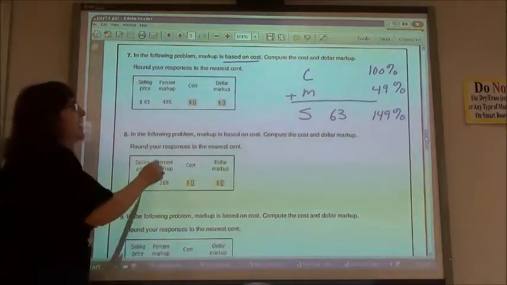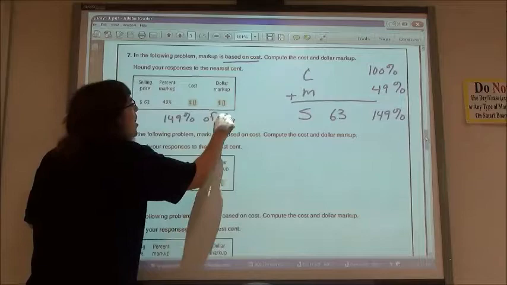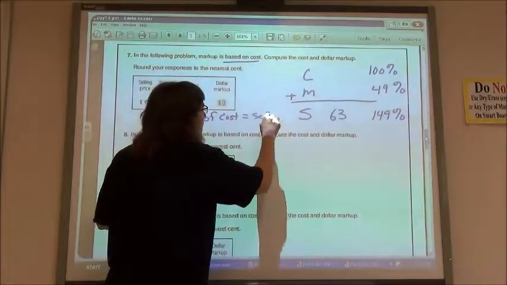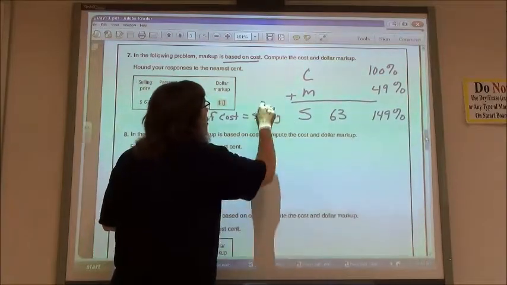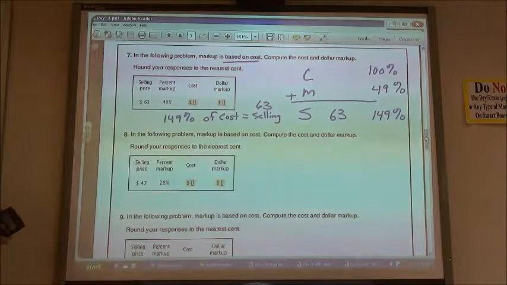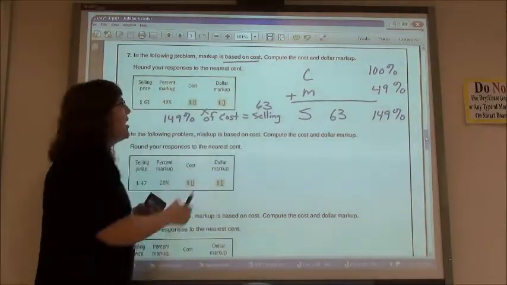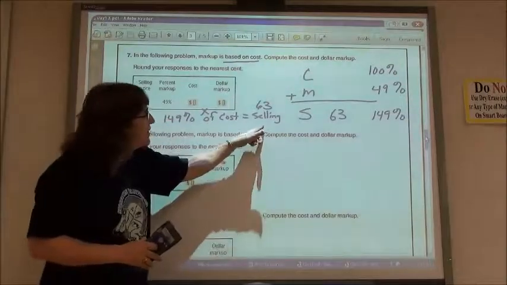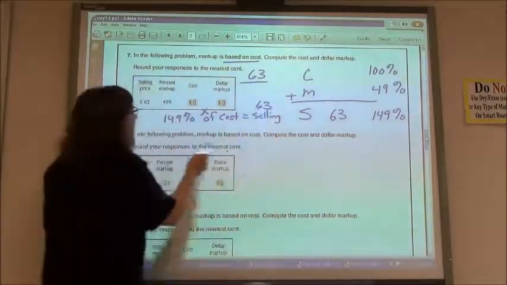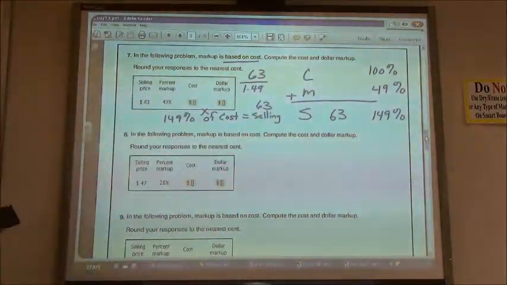So what I'm saying is 149% of the cost is equal to my selling price, which I know is $63. So in order to find the cost of the item, of means times, I have to move this over and divide. So I'm going to take my $63 and divide it by 1.49, the 149%.